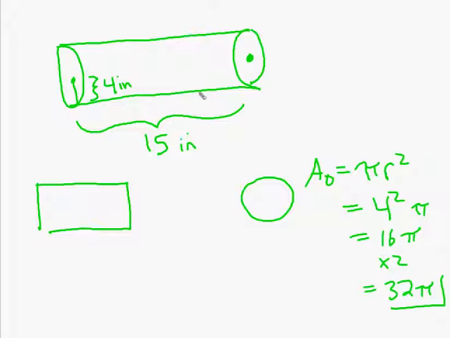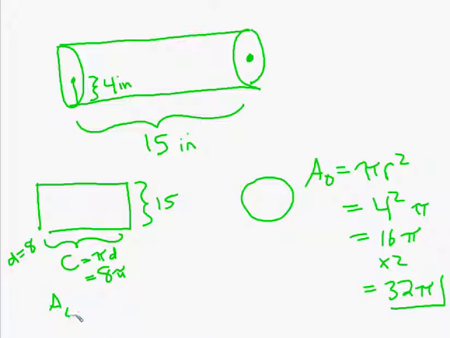Now, I have unraveled this rectangle. So this is the circumference of my circle, which is pi d. What's d? 8. D is 8, so the circumference is 8 pi, so this length is 8 pi. Right here, this would be my height, this is 15.